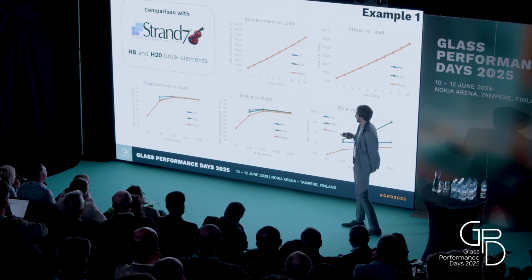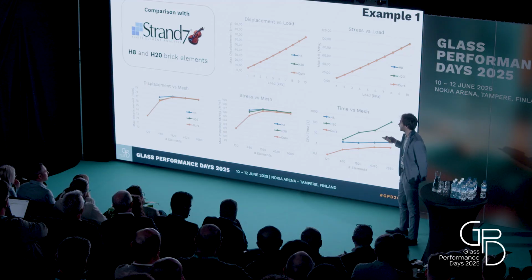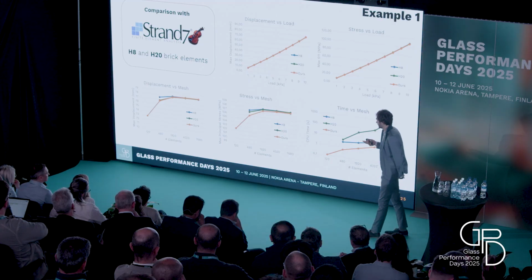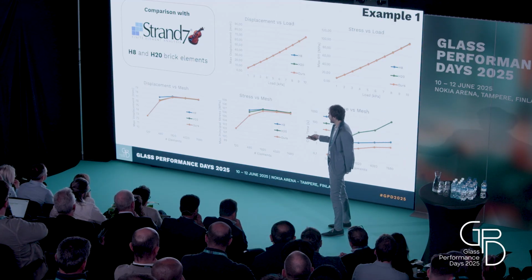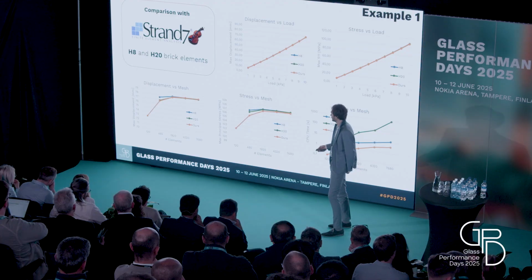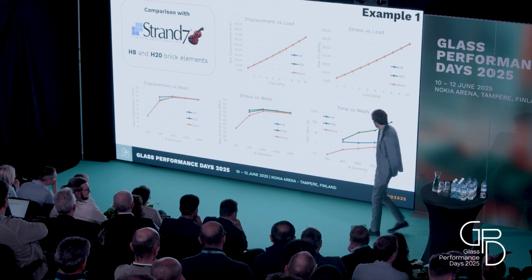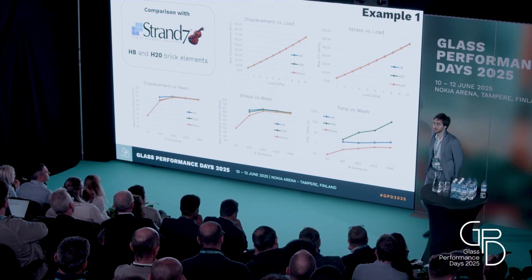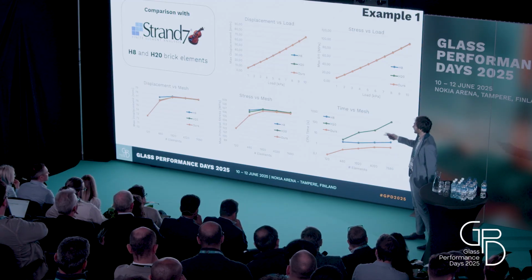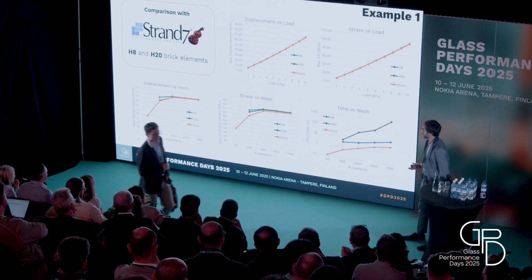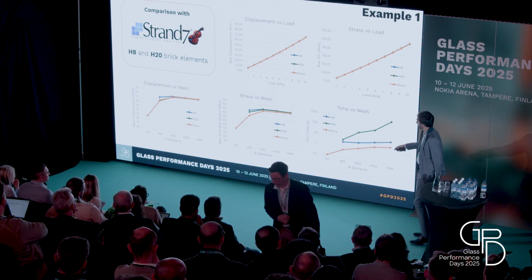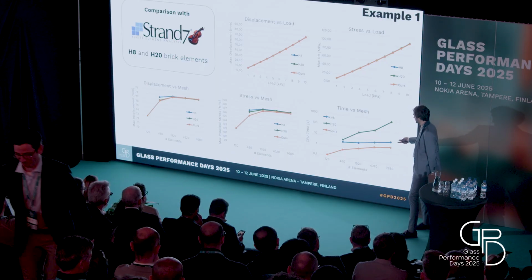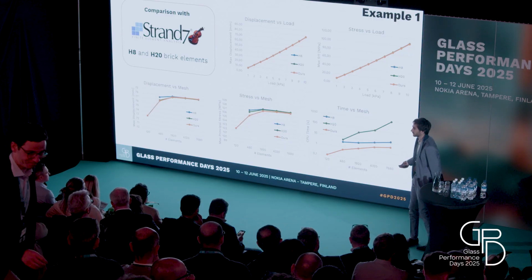Our solution is exactly the same as Strauss. Here we have maximum displacement versus the number of elements in the mesh, and the maximum principal stress. And here is the computing time. Our model, as I said, has fewer degrees of freedom than, for example, Hexa8, which is a linear brick element. This is in logarithmic scale, and it's a bit faster than the commercial software.